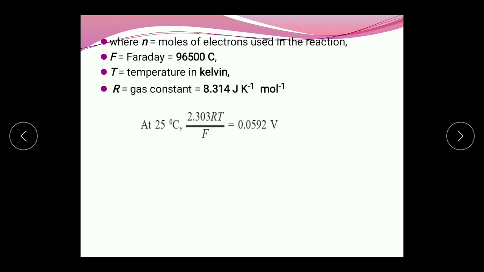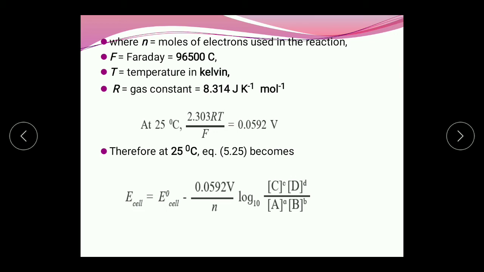So, in the above equation, that is 5.25, instead of taking all these factors, because those are going to remain almost the same, we can substitute all the above factors by this value, and hence at 25 degrees Celsius, equation 5.25 becomes E cell equals E0 cell minus 0.0592 volt divided by small n into log to the base 10 of concentration of C raised to c into concentration of D raised to d divided by concentration of A raised to a into concentration of B raised to b.